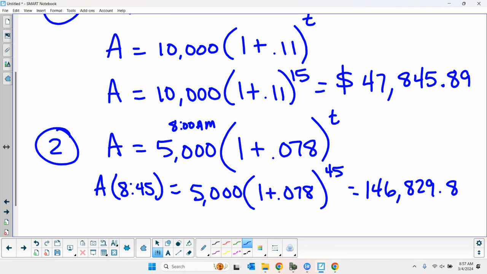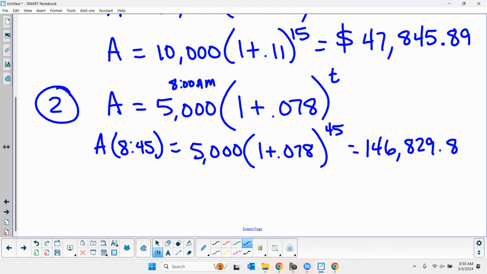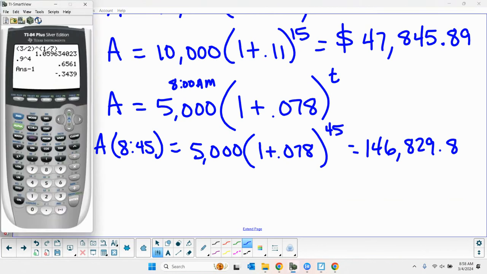All right. Now, what time were there about 500,000 present? So that's when you're going to go into your calculator. Put it in your Y equals 5,000 times 1 plus 0.078 to the X power. If you want to put 500,000 there, you can, and see the intersection.